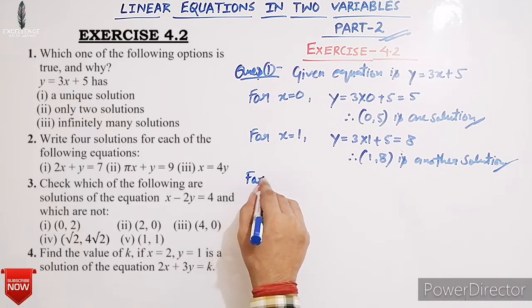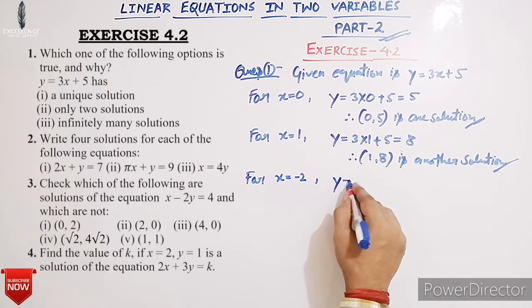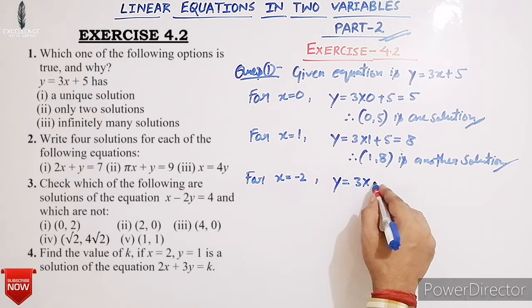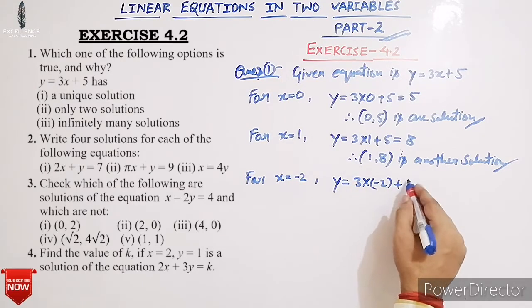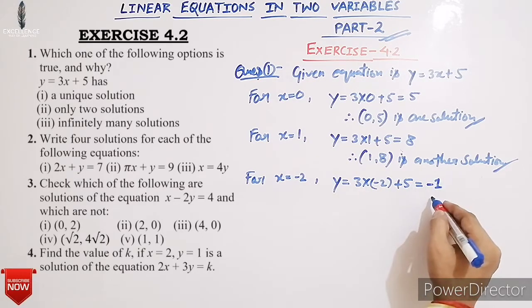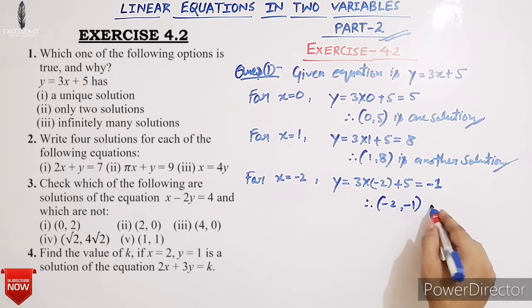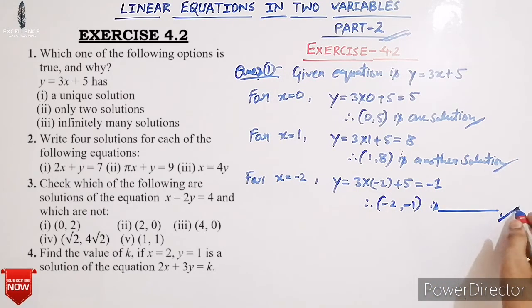If here we take x is equals to minus 2, so we have y is equals to 3 into minus 2 plus 5, that is minus 6 plus 5, that is minus 1. So we have minus 2 comma minus 1 is another solution.